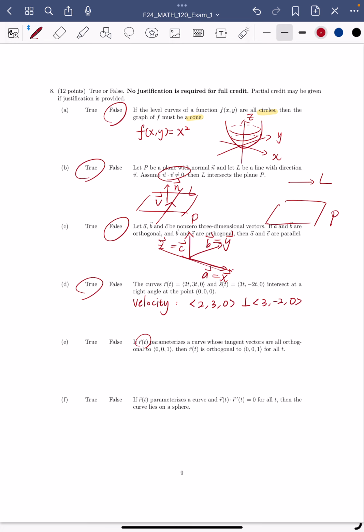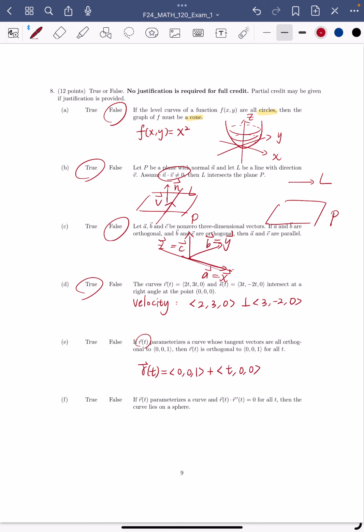You can come up with counterexamples like gamma of t crossing 0, 0, 1 plus, for example, t.